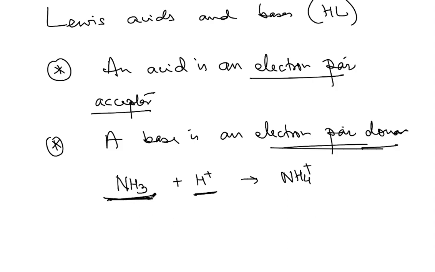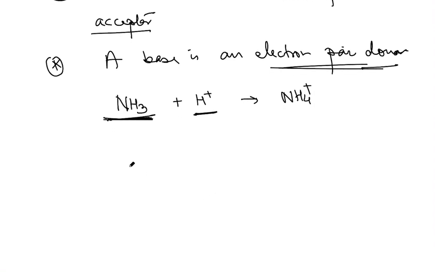Here it is ammonia. In ammonia, nitrogen has one lone pair of electrons, but the hydrogen ion does not have any electron. How do they bond? You must have studied coordinate covalent bonds in chapter 4. When ammonia reacts with the hydrogen ion, it makes a bond by donating its lone pair of electrons. The hydrogen ion doesn't have any electron, so it cannot share one to form a covalent bond.